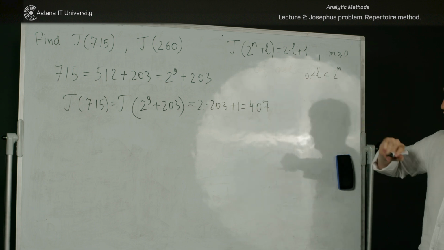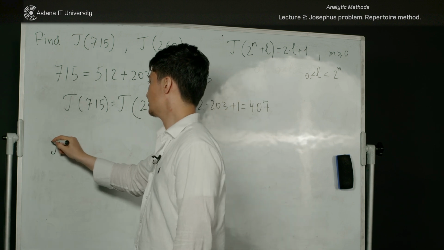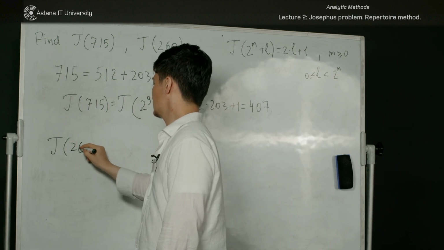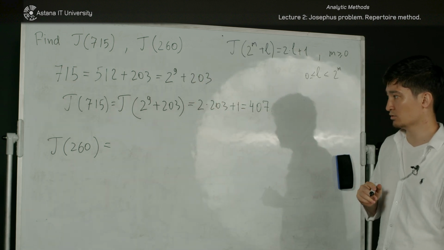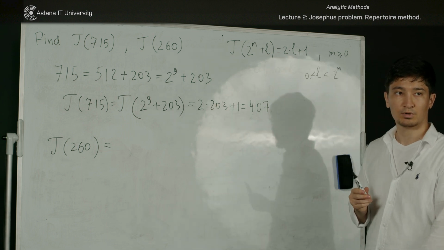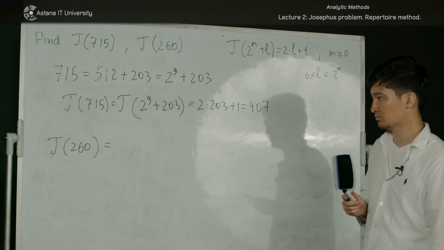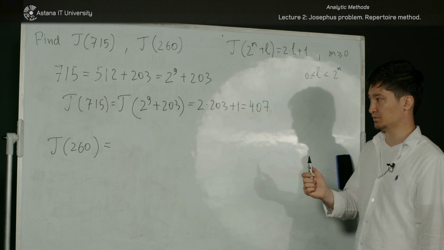Okay, in the same logic, let's try 260. So j of 260. Now the highest power of 2 which is closest to 260 is the power of 8, right? So 2 to the power of 8 gives us 256.